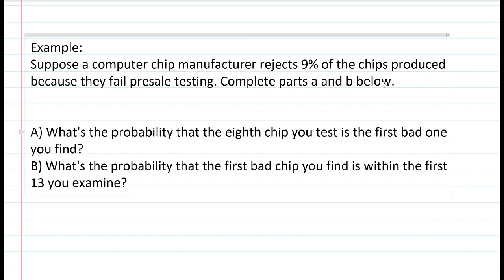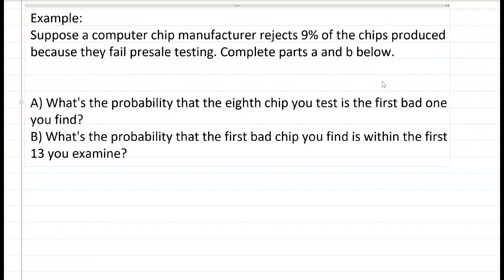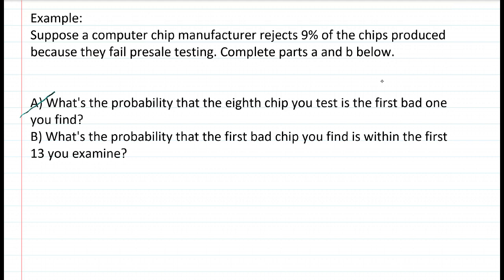All right, let's move on to part B. What's the probability that the first bad chip you find is within the first 13 that you examine? For a discrete distribution, the probability over an interval is equal to the sum of each discrete probability in that interval.